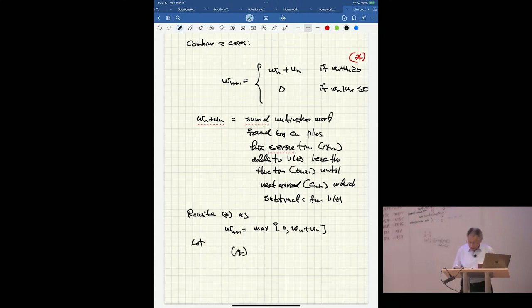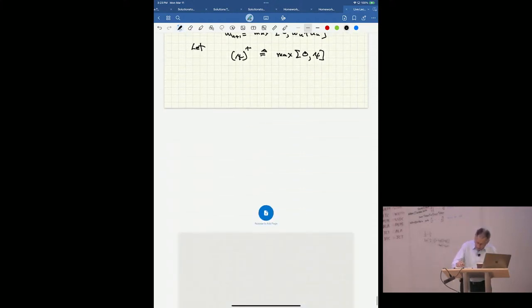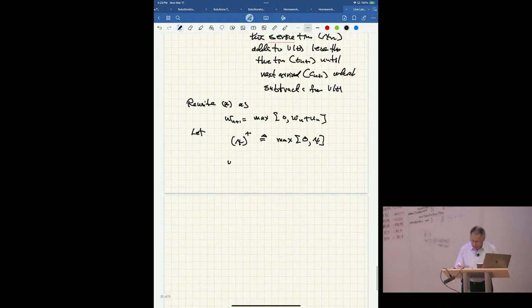I'm going to say a quantity x, with a plus sign around a parenthesis, is defined to be the maximum of 0 and x. Which means that Wn plus 1 is equal to the quantity Wn plus Un, plus. Again, somewhat shorthand notation for this very important equation.